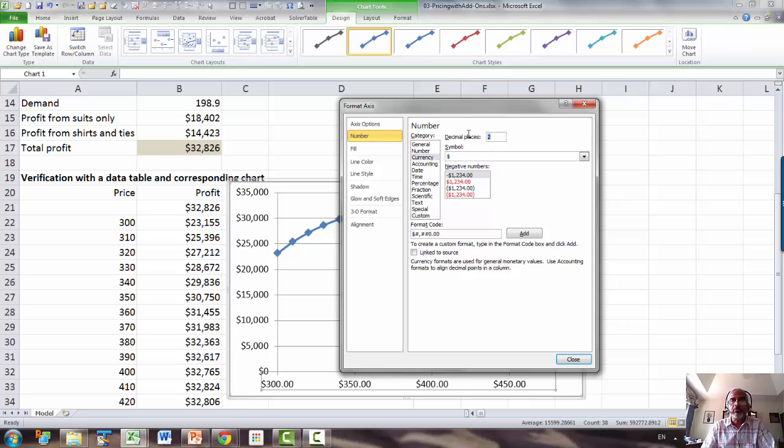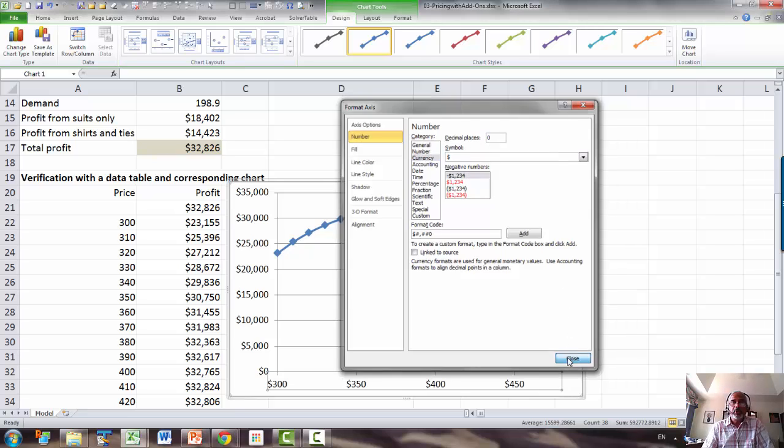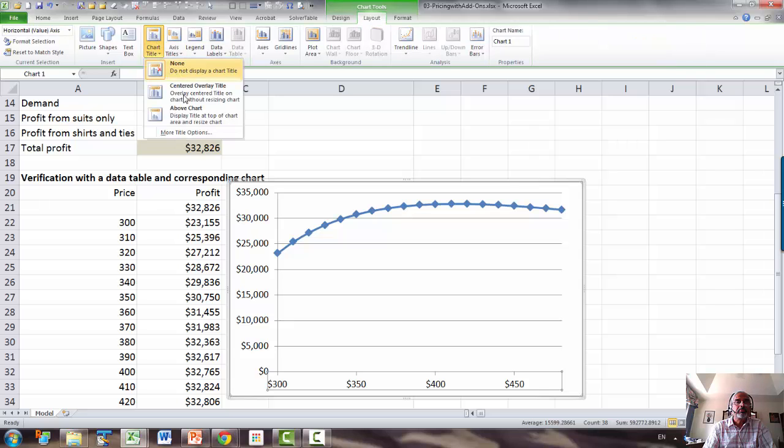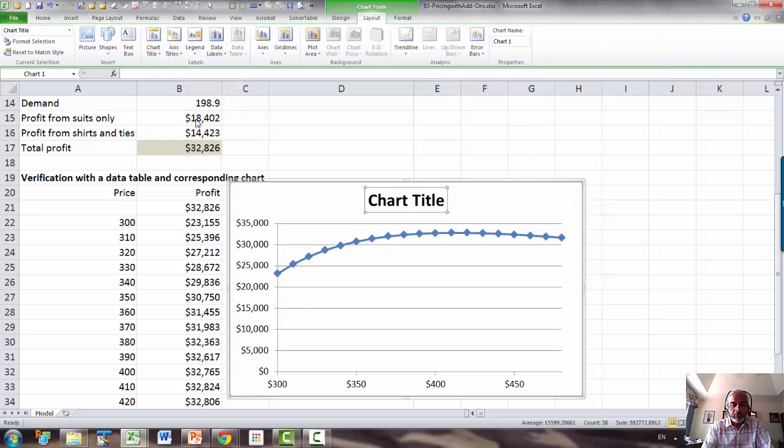Currency, no decimal places, and titles. Total profit for suit and complementary products.